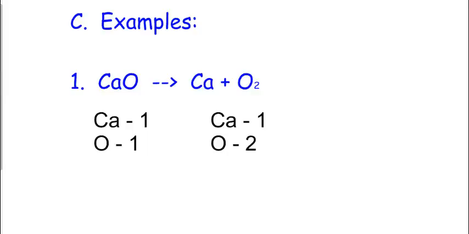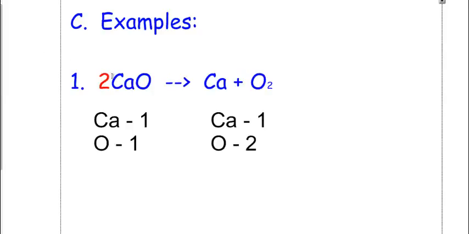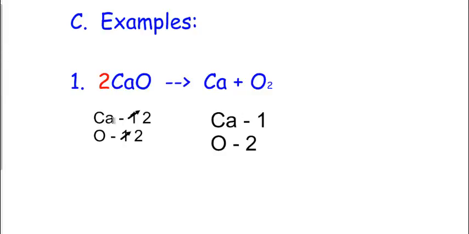So I need to multiply by 2. Coefficients are always multiples. And if I put a 2 in front of calcium oxide, that means that I'm actually multiplying my number of calcium and my number of oxygen atoms both by 2. So I can change my counts to 2 calciums, 2 oxygens.